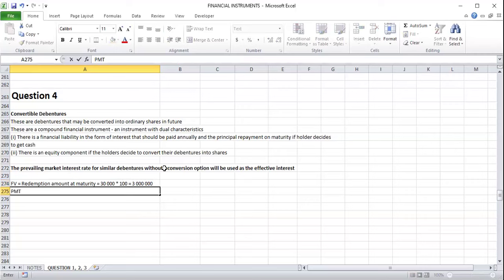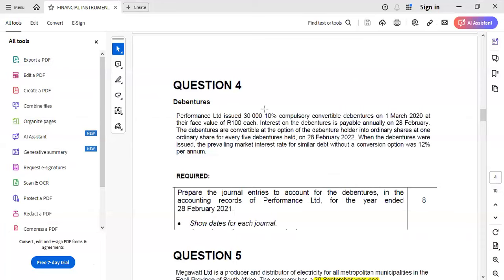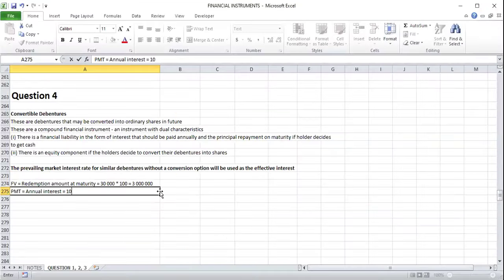Then our PMT is the annual interest, which is equal to the 10% interest we're told about, multiplied by 3 million.